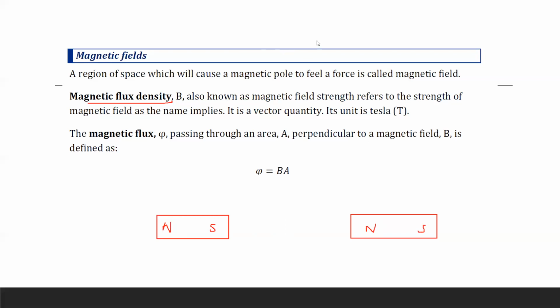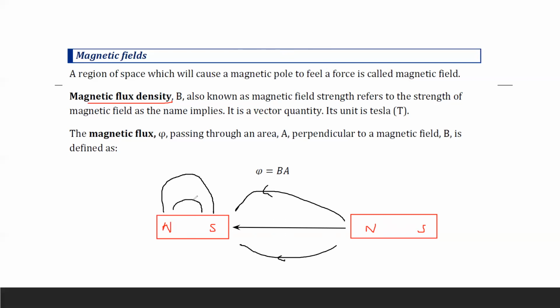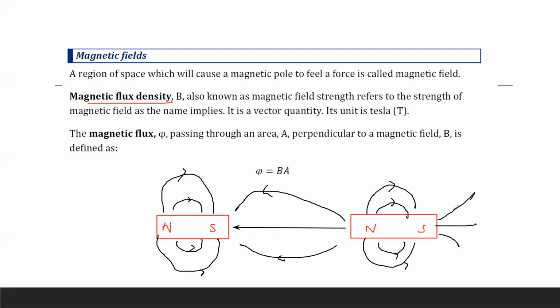So the magnetic field is from north to south. This is a magnetic field pattern. So it is directed out from north and into south.